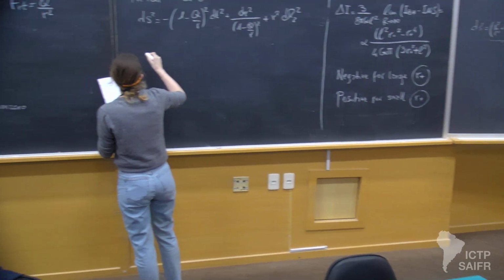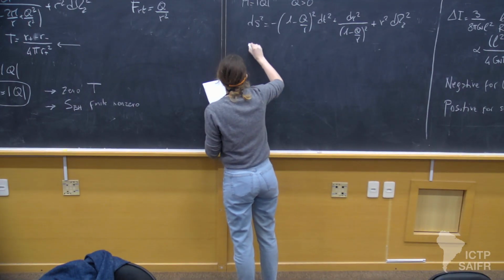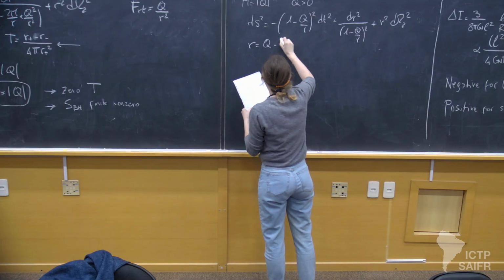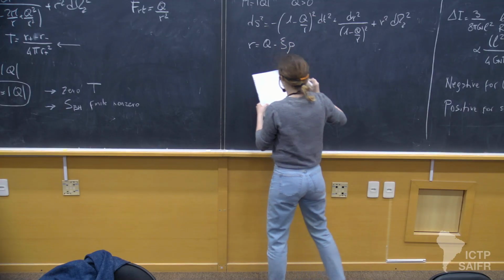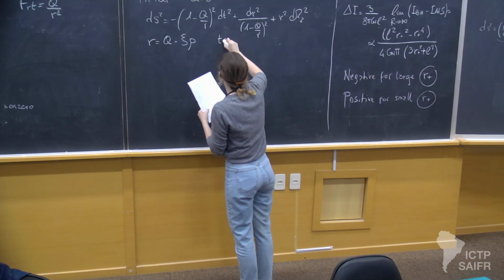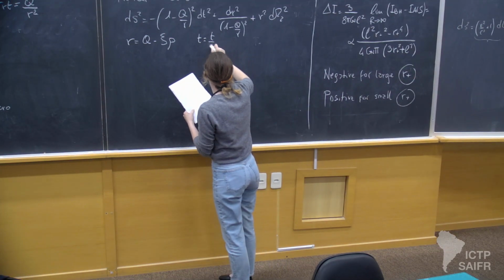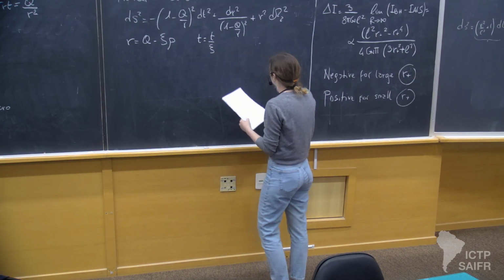So now you can just change the coordinates. You redefine your coordinates to be R equals Q minus psi rho. And also the time coordinate, you redefine it to be T over psi.